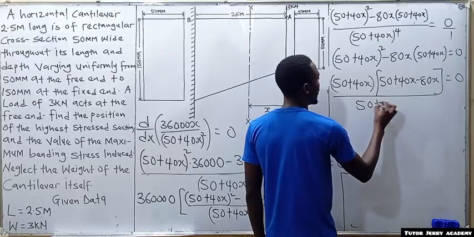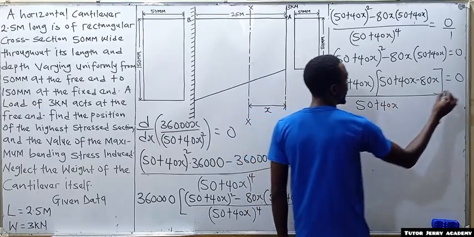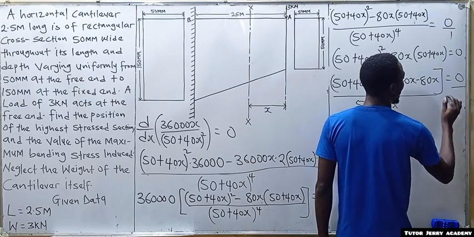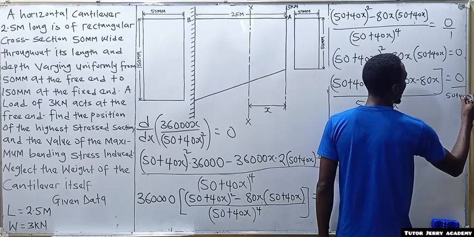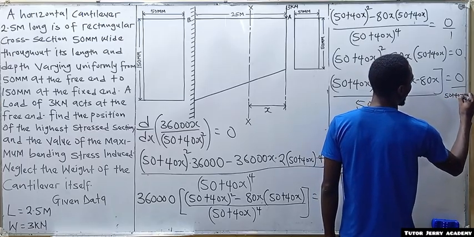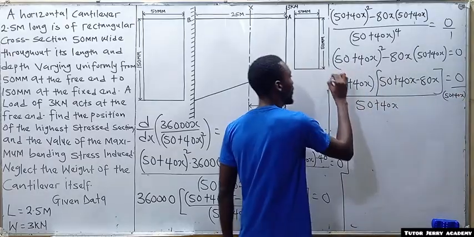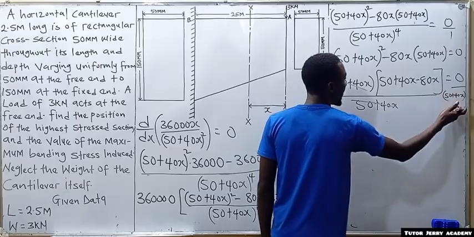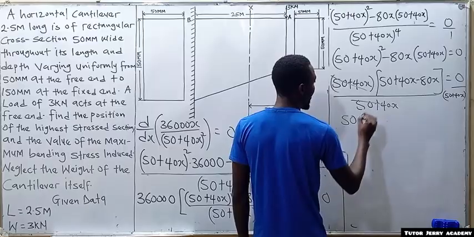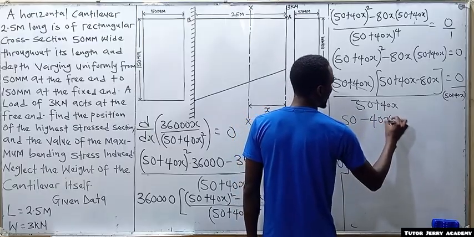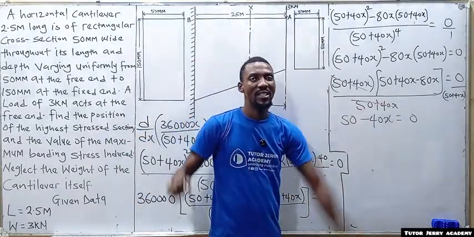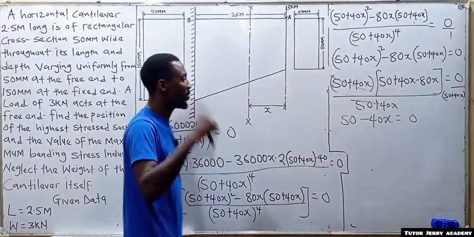If you divide both sides by 50 + 40s, this will cancel out this, then 0 divided by this again. We are left with 50 minus 40s equals 0, because 40s minus 80s is minus 40s.